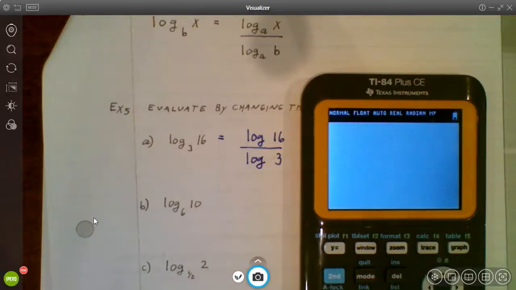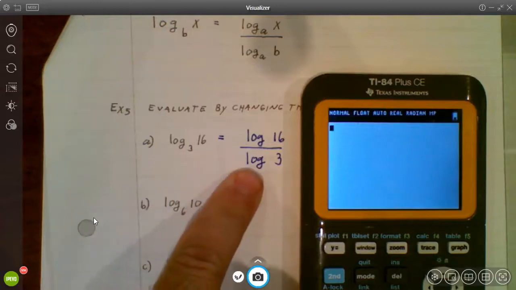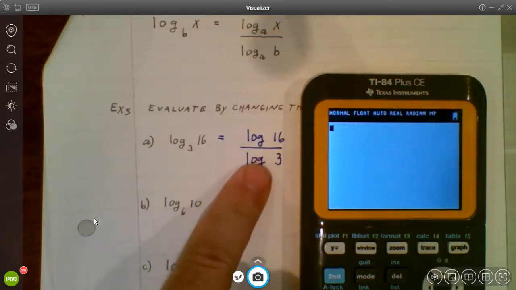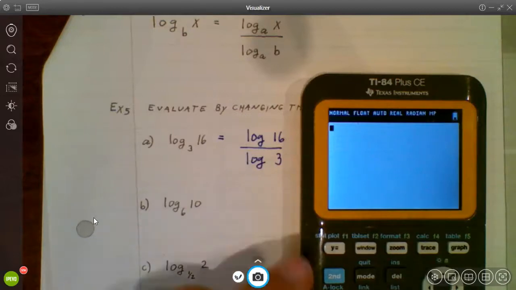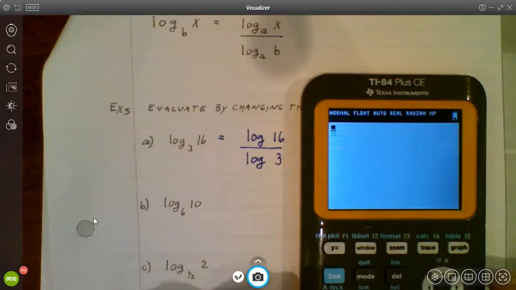And so the only way to do a problem like this in a calculator was to create this scenario. Now they both have a base of 10. And so now I can say log 16 over log 3, and I can get my answer that way.